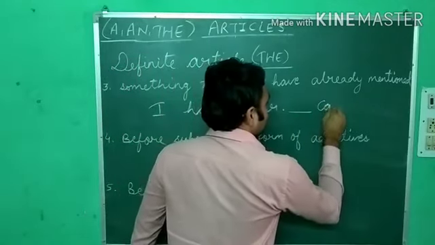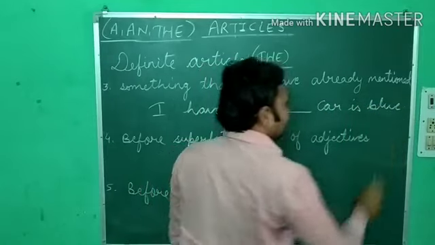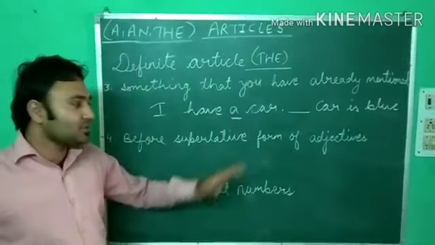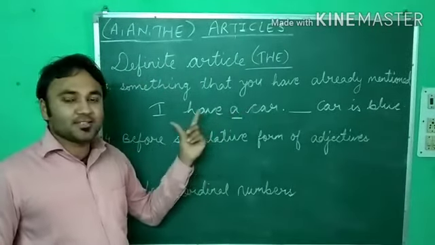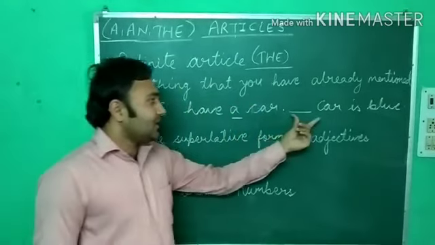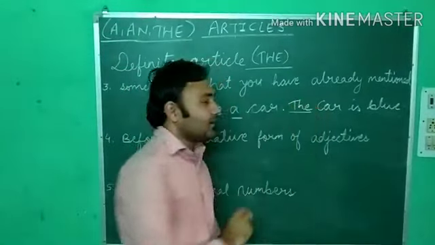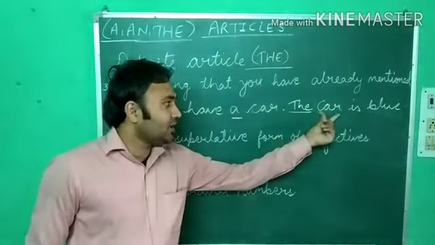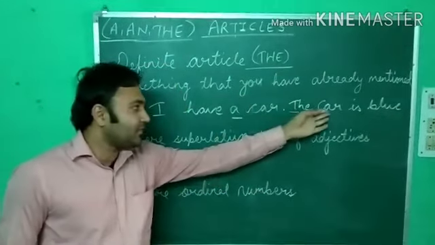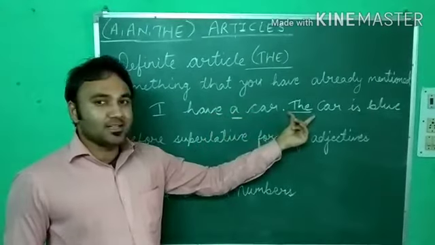The car is blue. In this sentence, you have written a car because you are stating here for the first time. You have not mentioned it in the earlier sentence. But now at this place, you will write article the because you are talking about the particular car you have previously mentioned in the first sentence. Hence, we have written article the.